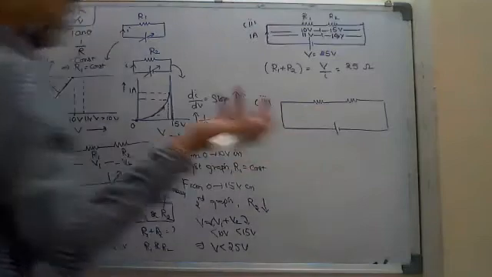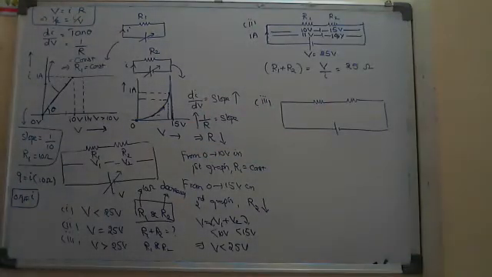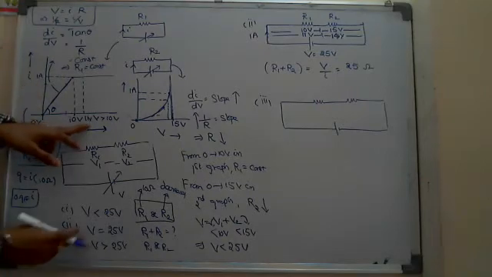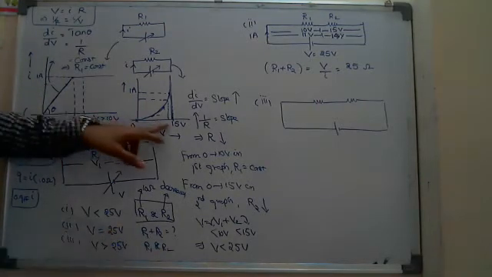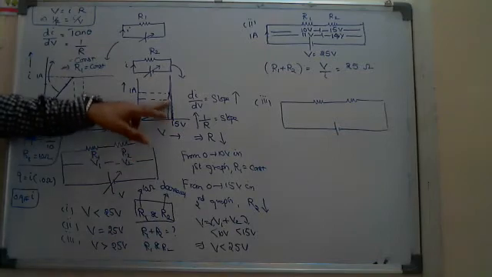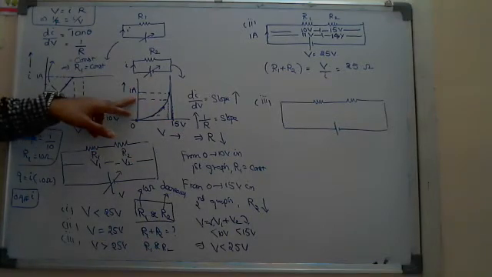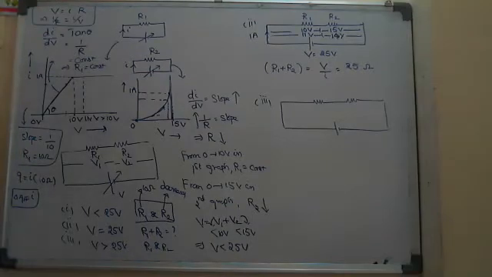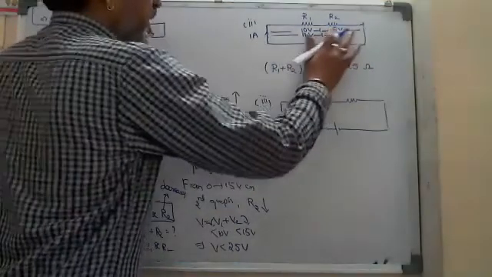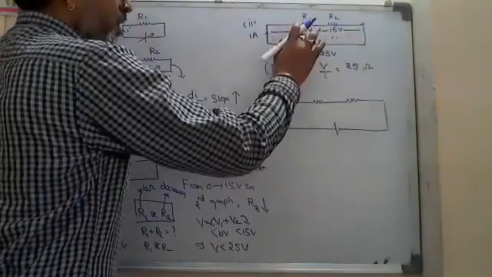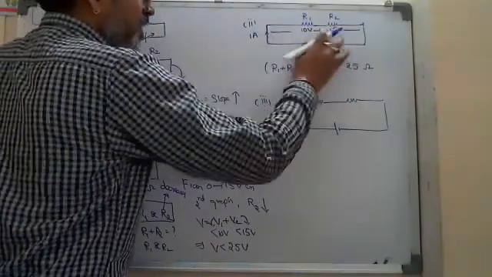In series, we know current should be constant. Whereas through R1 at 11 volts, it is 1 ampere, so to get a total of 25, it should be 14. At 14, I am not getting 1 ampere. So that assumption is wrong. That's why you should not assume it is more than 10 and the other less than 15.